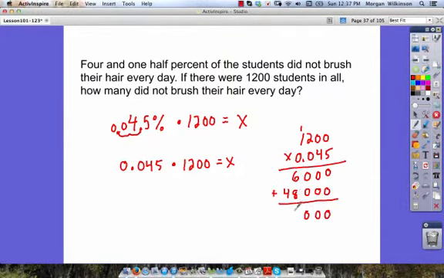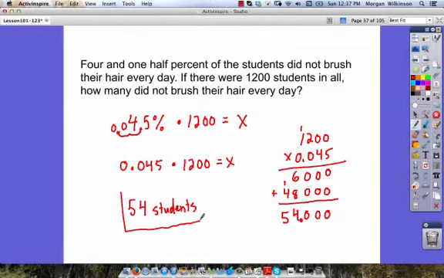And 6 plus 8 is 14. We'll carry our 1, and 1 plus 4 is 5. Our decimal needs to come out 3, so it needs to come back in 3, and we've got our answer, 54. So if 4.5% of the students did not brush their hair every day, and there are 1,200 students in all, it must mean 54 students did not brush their hair every day.